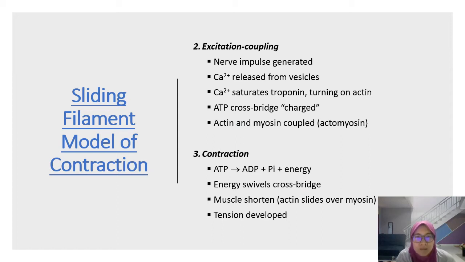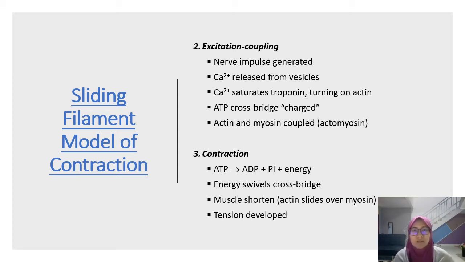Now the second phase is excitation coupling. The muscle must be excited to couple the actin and myosin. So a nerve impulse is generated. We need an electrical impulse.